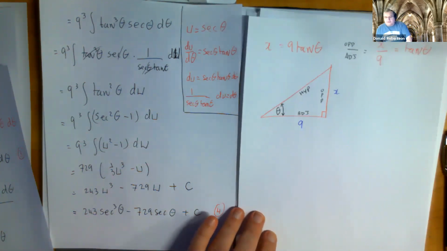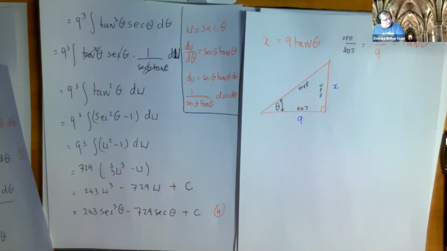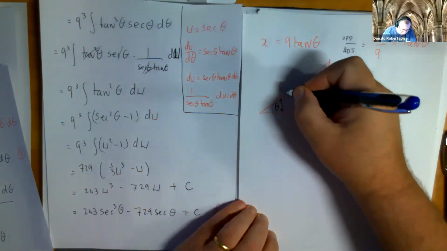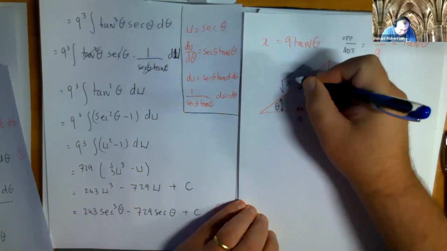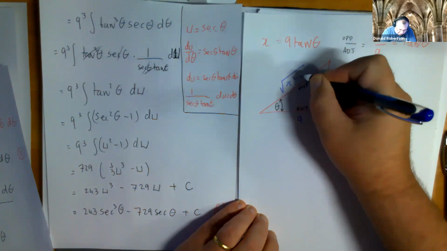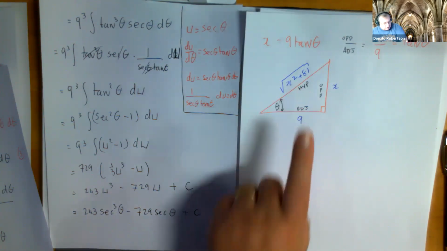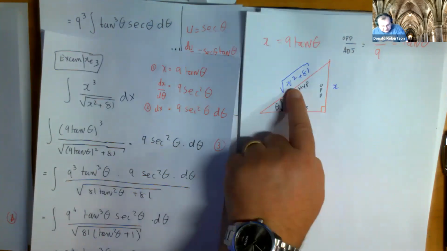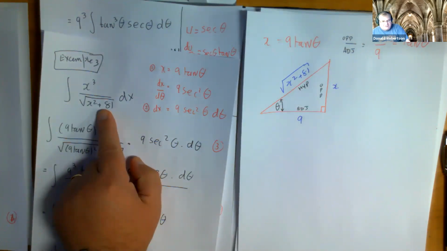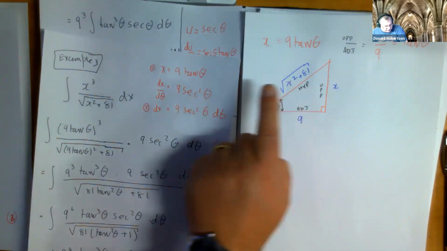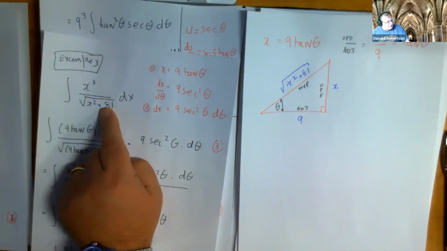How am I going to find out what the hypotenuse is in this triangle? Pythagorean theorem. Which means square this, and stick it inside the square root. And if you do it correctly, you get that guy. Do you recognize that guy as this guy? That is a good sign that you're on the right tracks.